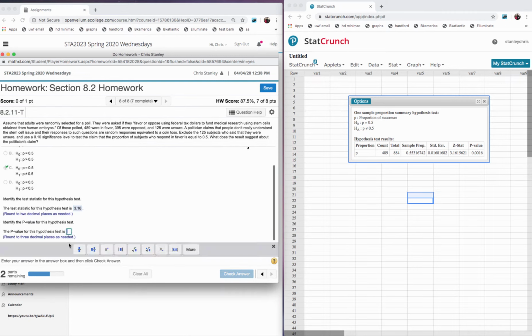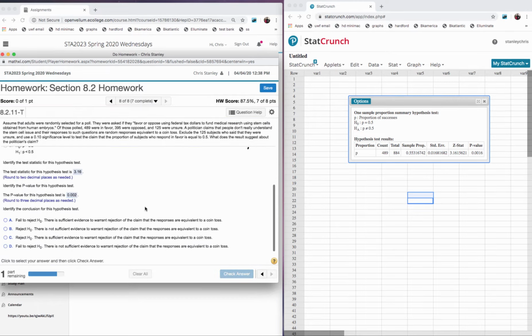Okay, p-value is going to be 0.002. That's over here. I just rounded to the third. And what should we do? I'm looking for my significance level. Okay, 10% significance level.